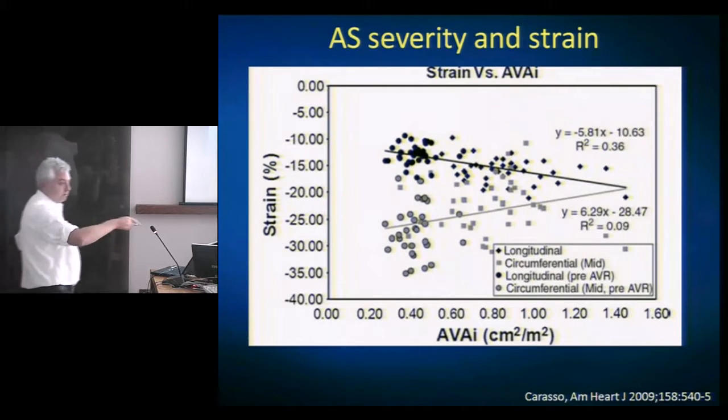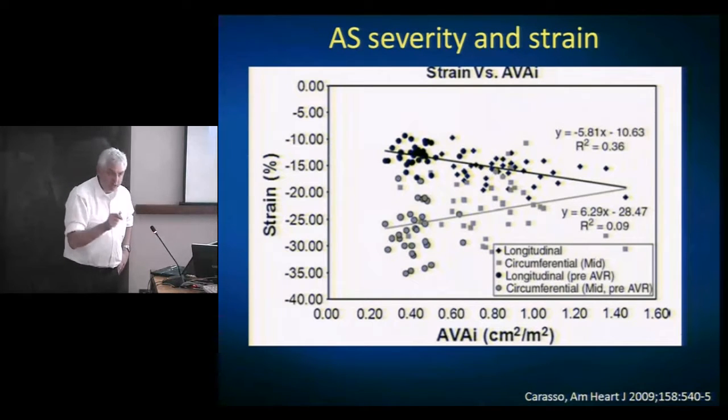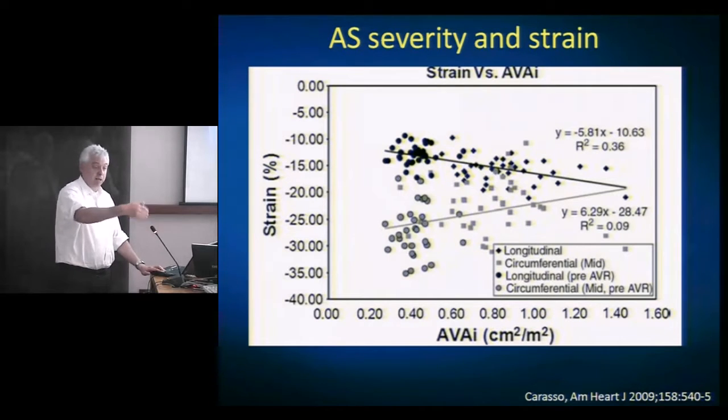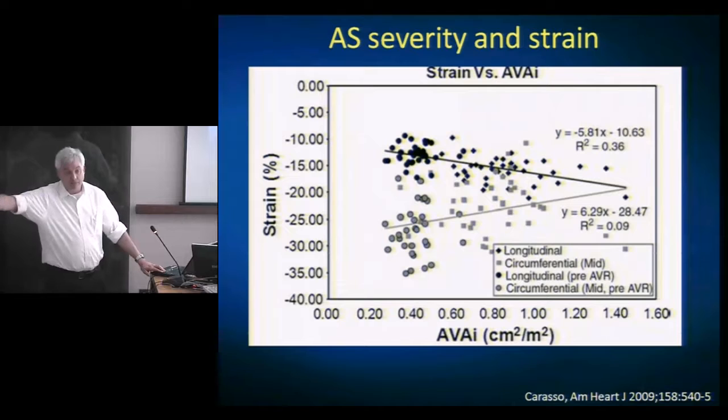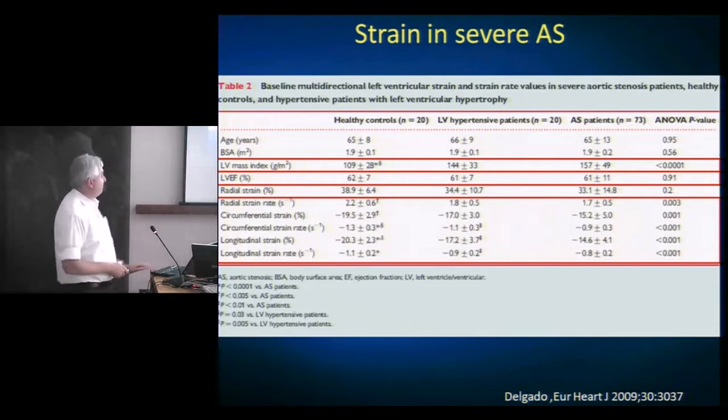And this is an important message that's going to go through the talk, because when you're evaluating the severity of aortic stenosis and you're looking at myocardial deformation, you want to look at longitudinal parameters, because it's those fibers that are predominantly, and also temporally, in the severity of the disease and in the course of the disease, going to be affected.